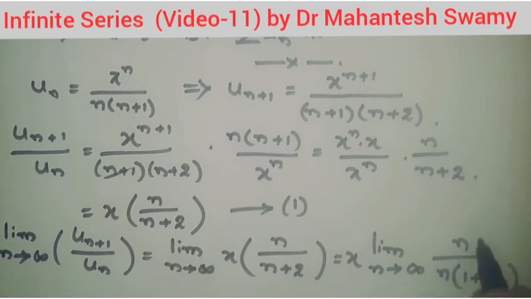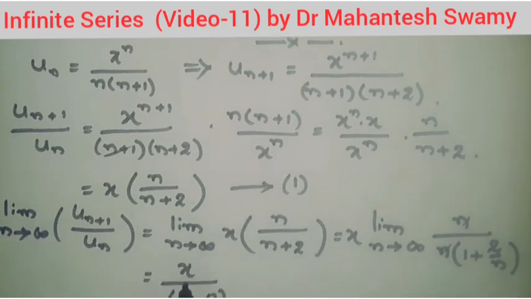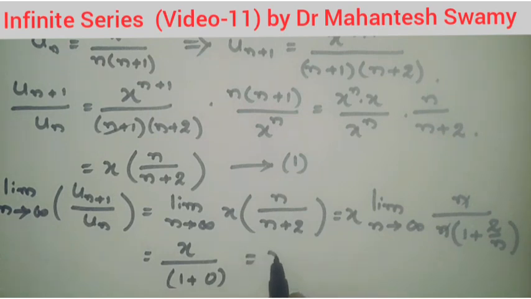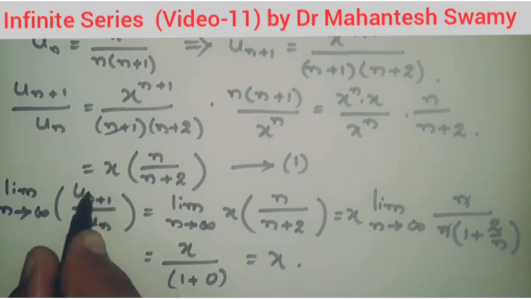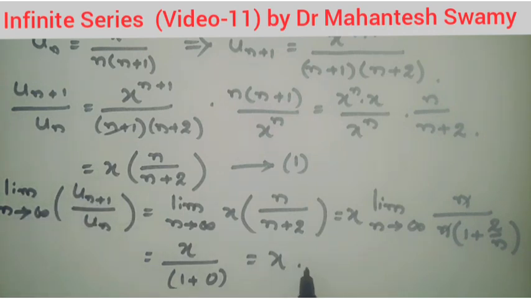Let us cancel this n with this n. So x into 1, substituting n equal to infinity, 1 plus 2 by infinity is 0, so 1 plus 0 is 1. So it is totally x. Therefore the value of this limit is x.